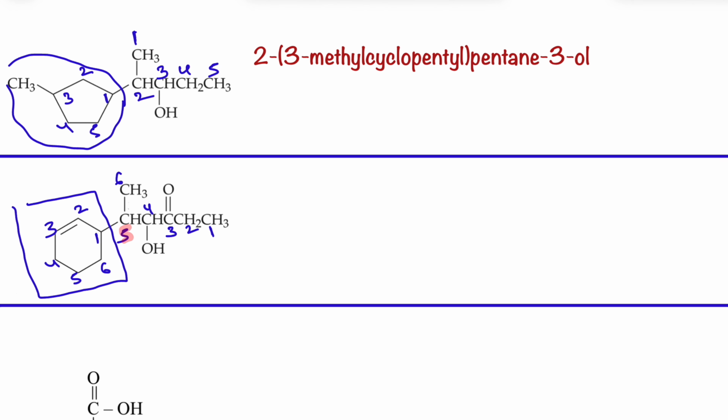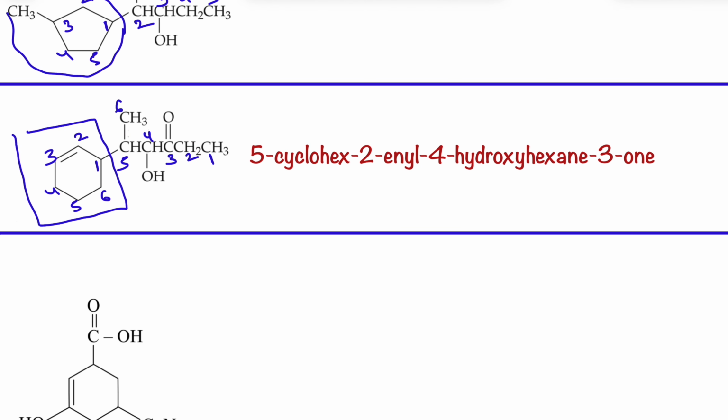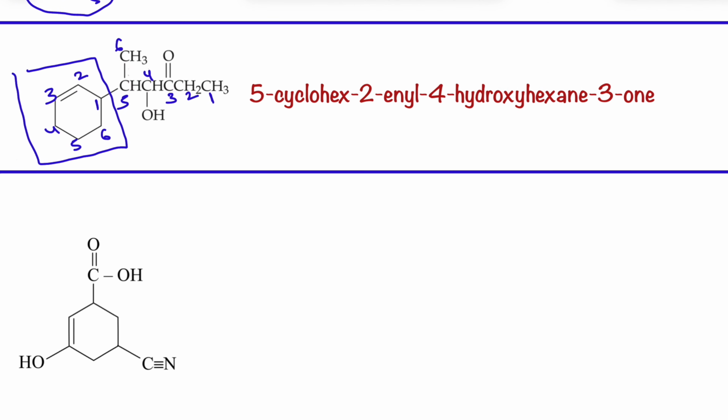Therefore that is a 5 cyclohex 2 en 1 yl 4 hydroxy hexane 3 one. So cyclohex, this 2 is indicating the double bond position, 4 hydroxy and the root word 3 one.